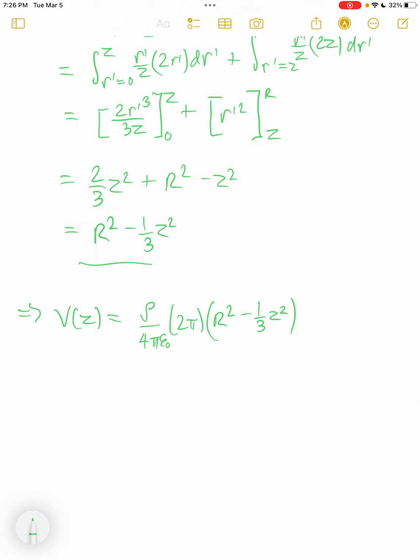All right, now this is also equal to, I'm going to rewrite this and include what rho is.